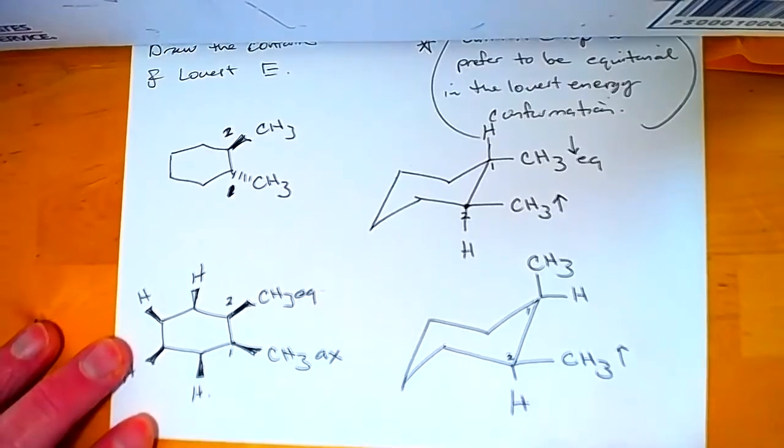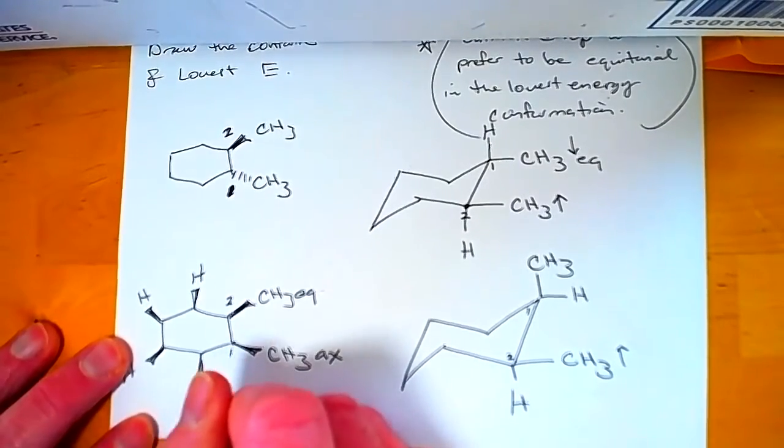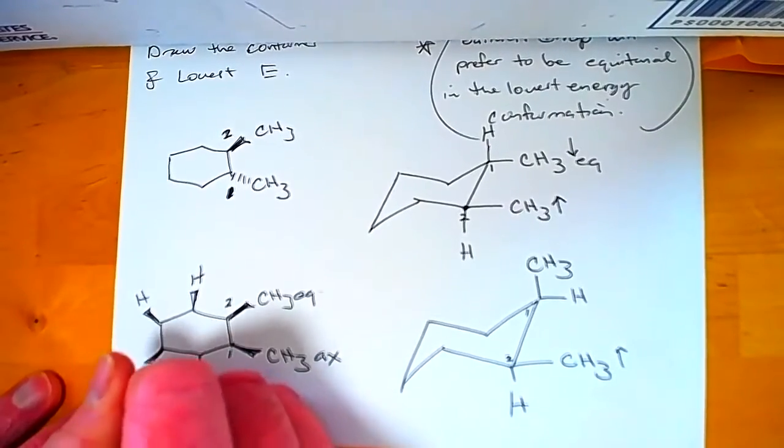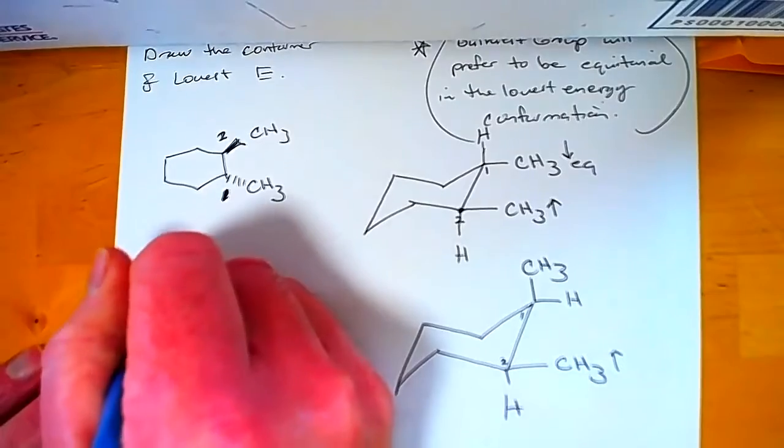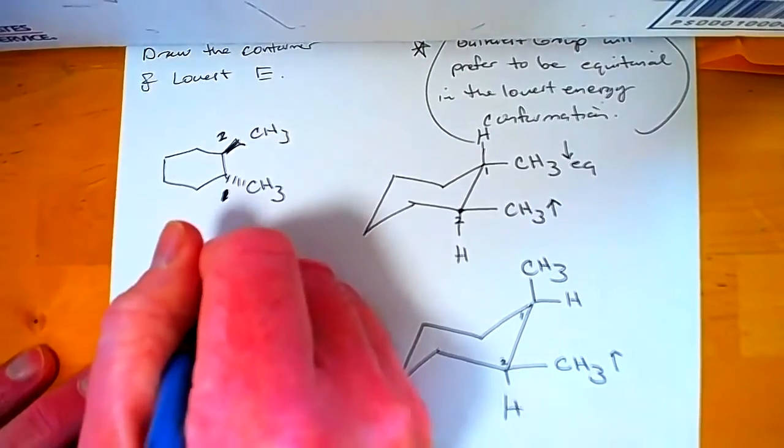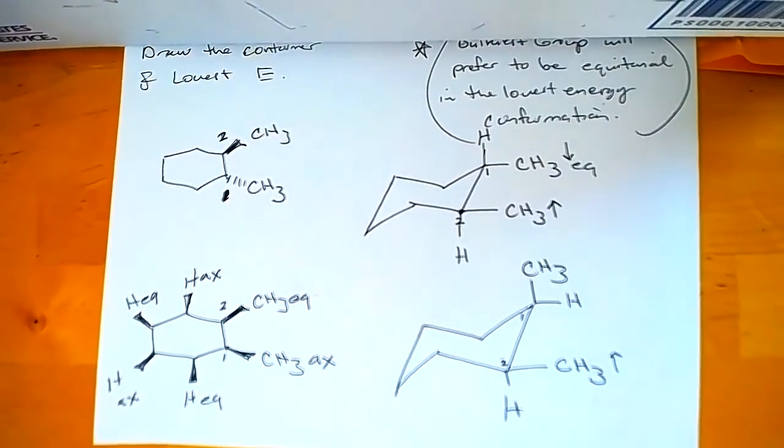Likewise, that hydrogen atom right there that's drawn up would now be equatorial. That hydrogen atom would be axial. This hydrogen atom would be equatorial. That hydrogen atom would be axial. So it alternates like that, okay?